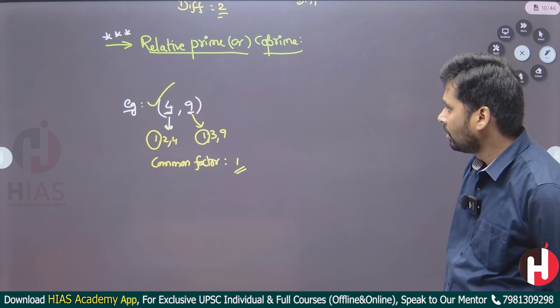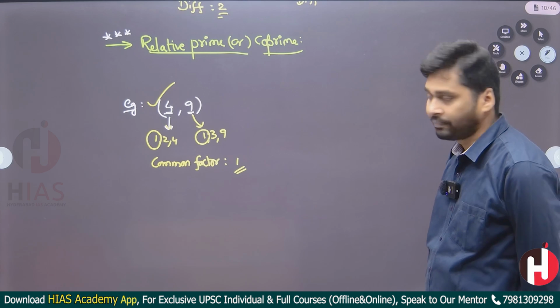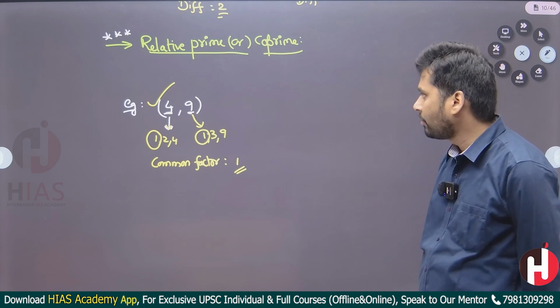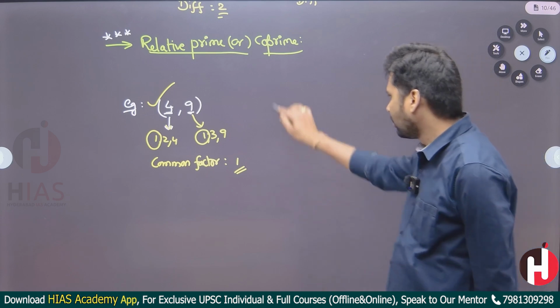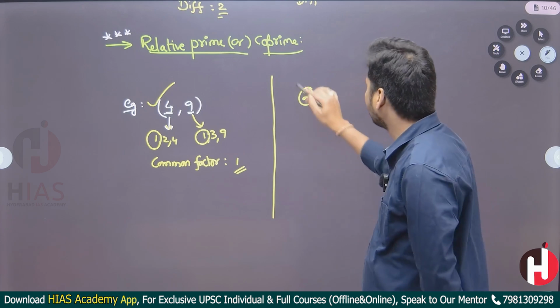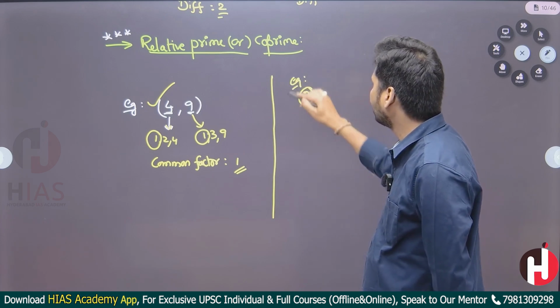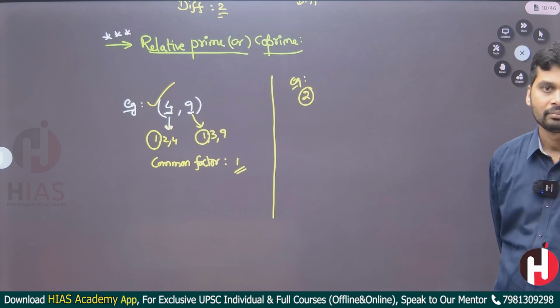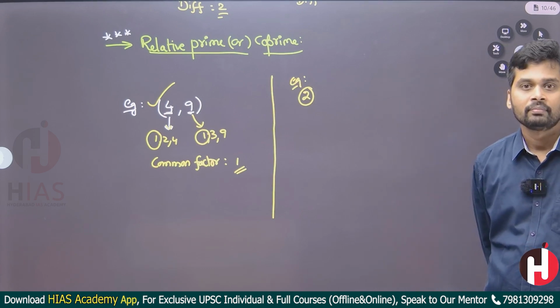If you look at 4 and 9, you can write them as the example. Common factor is 1. Now you give me examples. Second example, number 2. Give me an example.